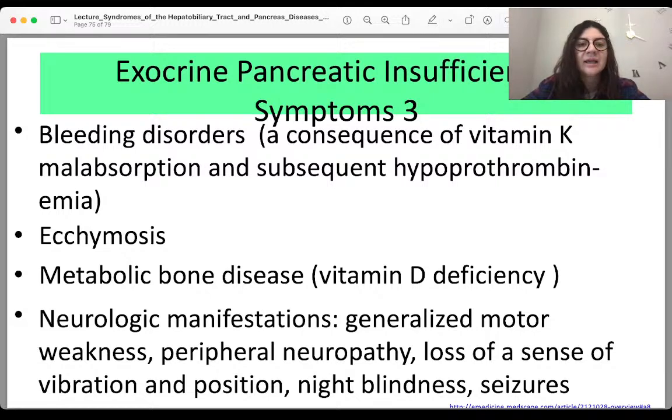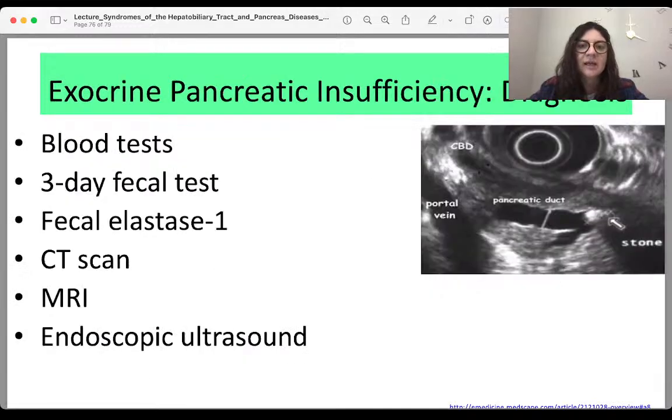Moreover, ecchymosis is typical, metabolic bone disease such as vitamin D deficiency, and neurologic manifestations with generalized motor weakness, peripheral neuropathy, loss of sense of vibration and position, night blindness, and seizures. All of them are typical for exocrine pancreatic insufficiency.